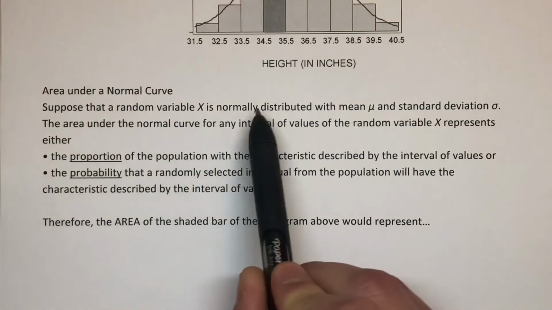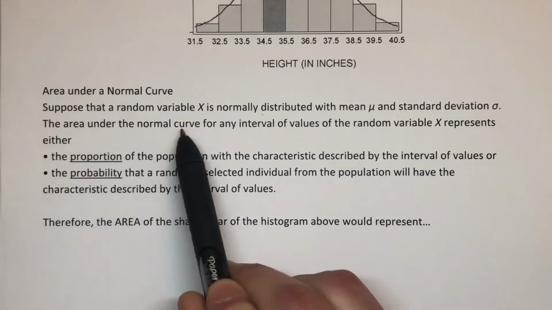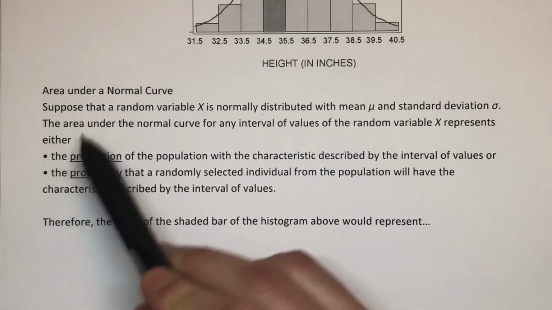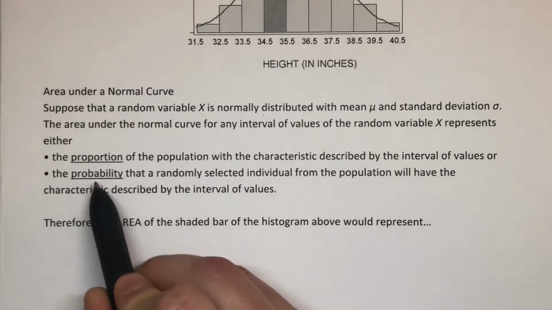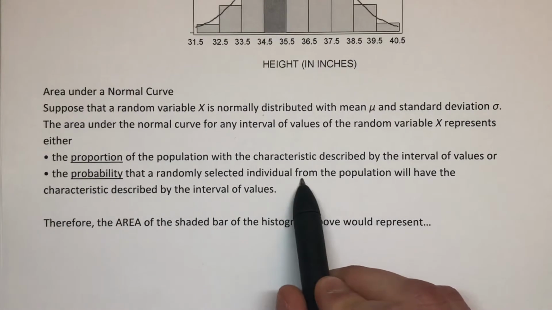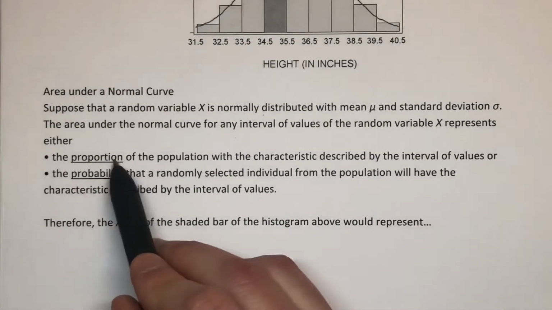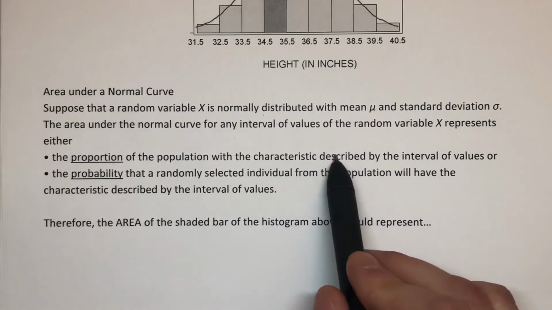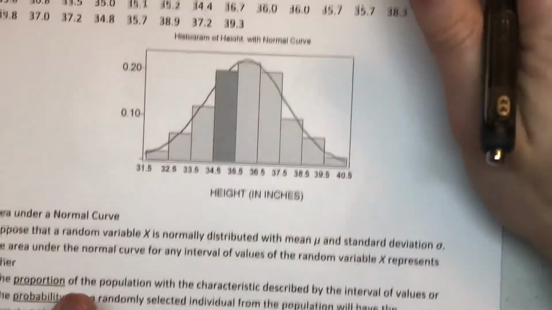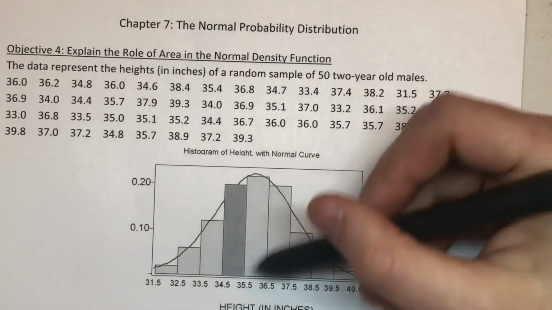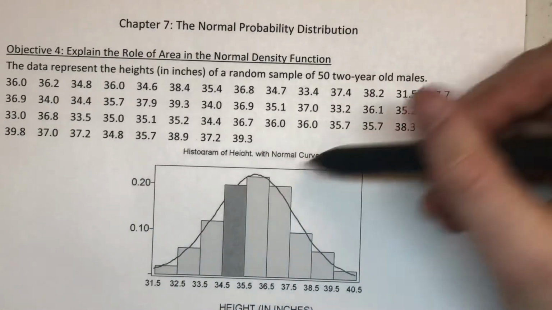So with a random variable that's normally distributed, the area under the curve for any interval of values represents either, meaning you can pick either one, this is the one I've been focusing on, the probability that a randomly selected individual will have that characteristic. This is just more direct: the proportion of the population with that characteristic described. So in this case, the area here is nothing more than the probability, but that's also the proportion.